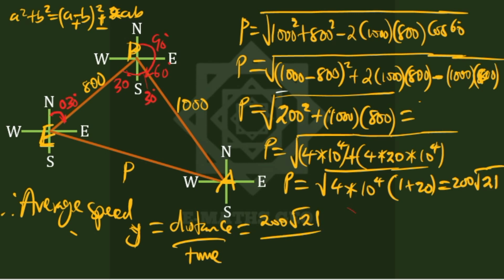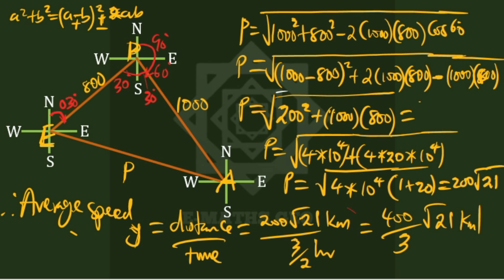The time it took is 1 hour 30 minutes, which is 1.5 hours, so 3/2 hours. So our answer is 400/3 root 21 kilometers per hour. That's the average speed. A very tricky question.